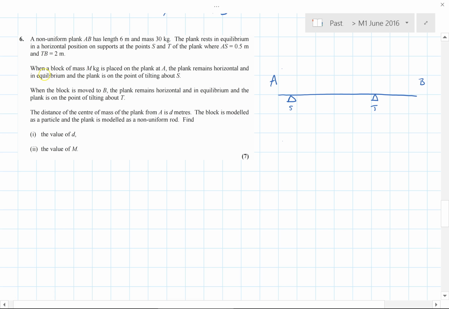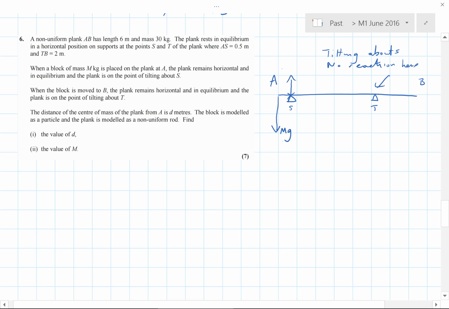It says when a block of mass M is placed at A, just mark that in, mg, then it is on the point of tilting about S. So it will tilt about S, there'll be some reaction force there, but if it's tilting about S, it means there's no reaction at T. So there's no reaction there.